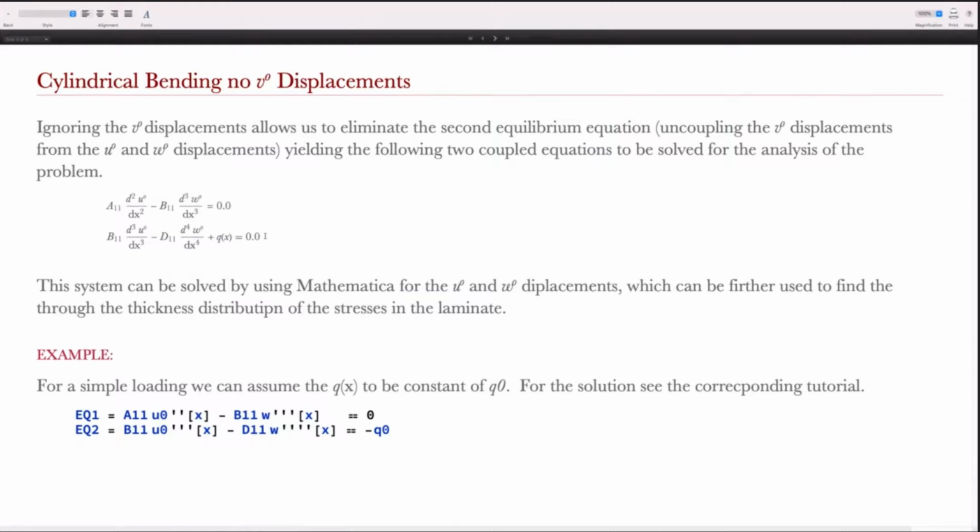I also eliminated the equilibrium equation in the V direction. So now I have a coupled U and W equation in terms of only A11 of the entire A matrix, only D11 of the entire bending matrix, and only the B11 term of the coupling.